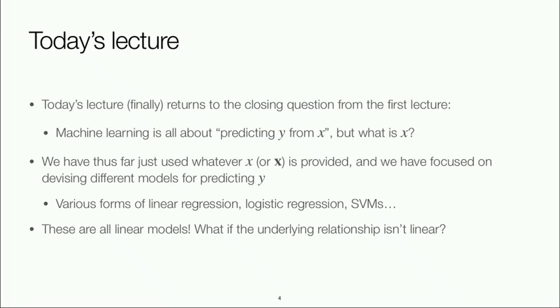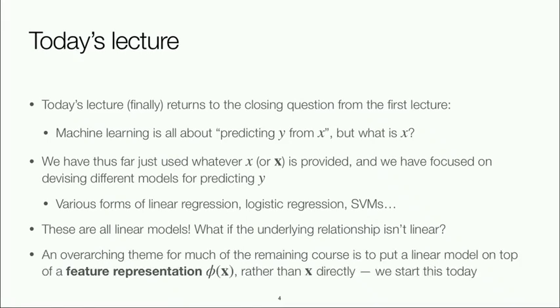Well, as it turns out, that's a very related question to what is X? And we're going to try to figure out how to answer both of those questions. The overarching theme for how we're going to do this is basically to use the linear models that we've learned so far. So keep those tools, but put them on top of something that we call a feature representation.